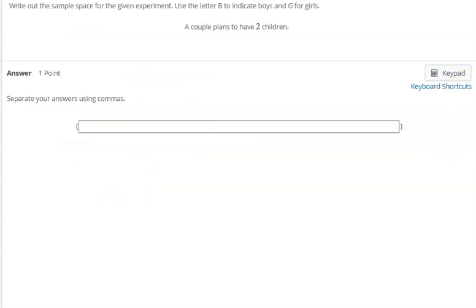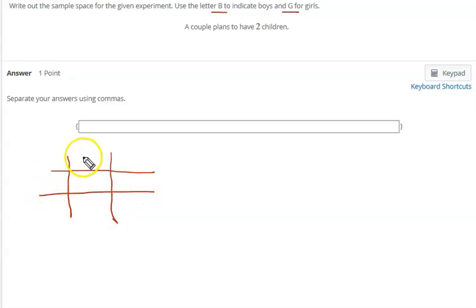So here they're asking us to write out the sample space. We're going to use B for boy and G for girl. Theoretically, you could make a little chart here, like we did in genetics.